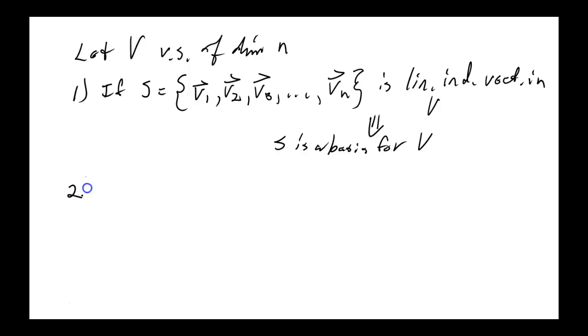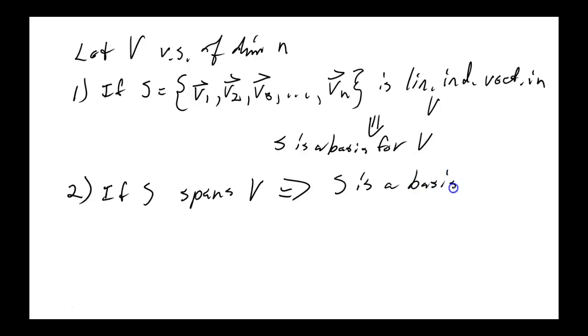So basically that says if you can show this set S has the n vectors it needs, and they're all linearly independent, therefore it has to be a basis for V. Secondly, if the same S spans that vector space V, then that is enough to show that S is a basis for V. So you don't have to show them both.